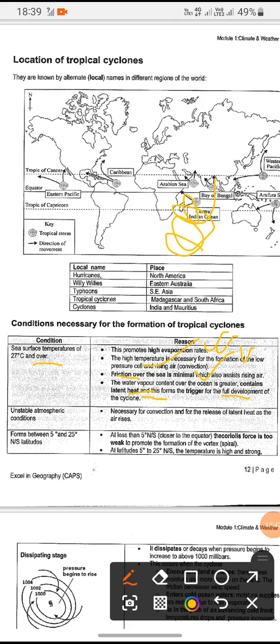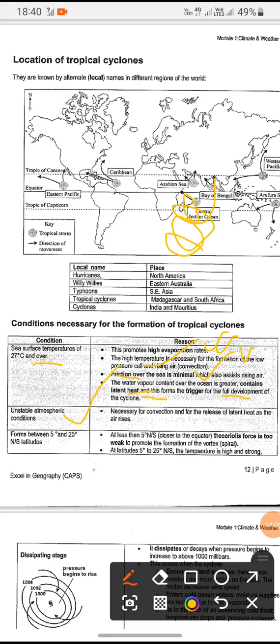Again, it needs unstable atmospheric conditions. Unstable atmosphere means that it has high temperatures, wind, thunderstorms. It's not cold, it's just hot in there.